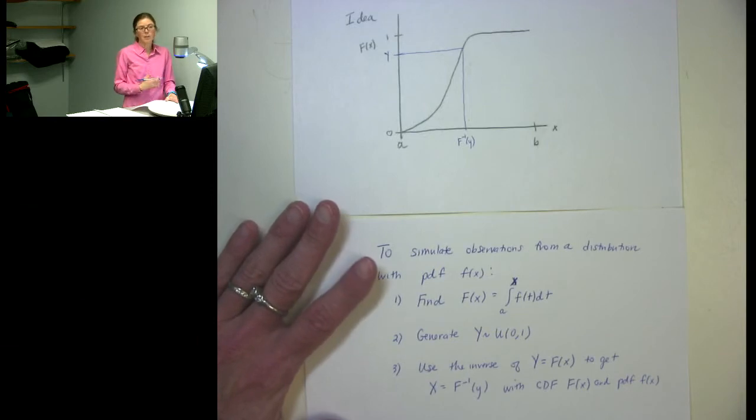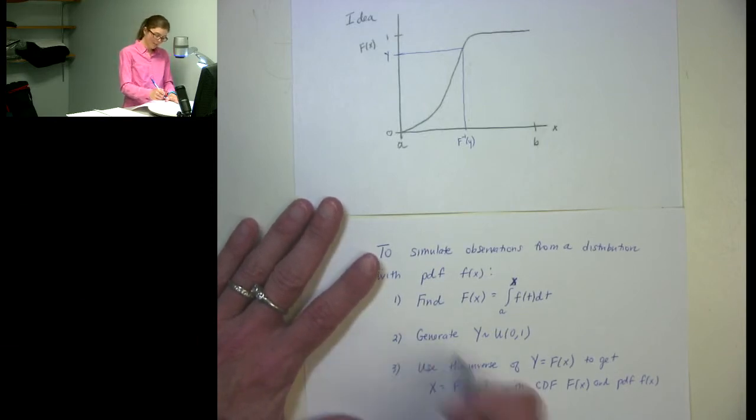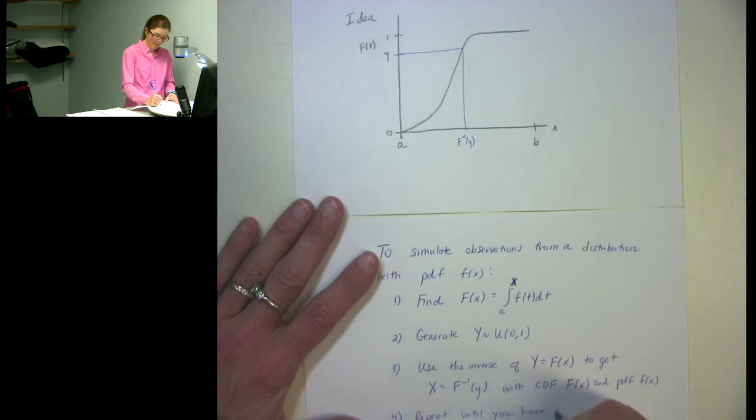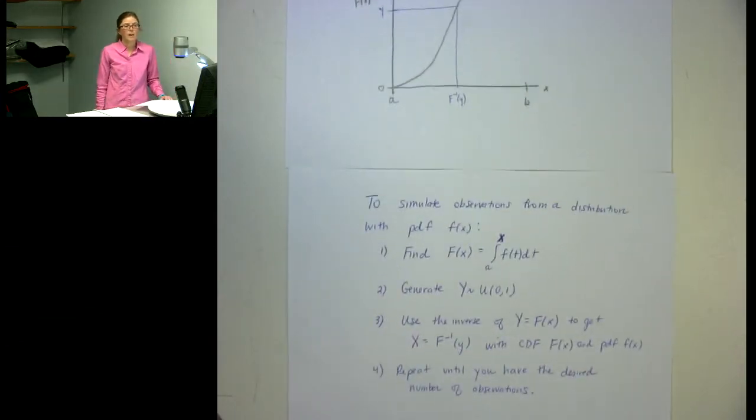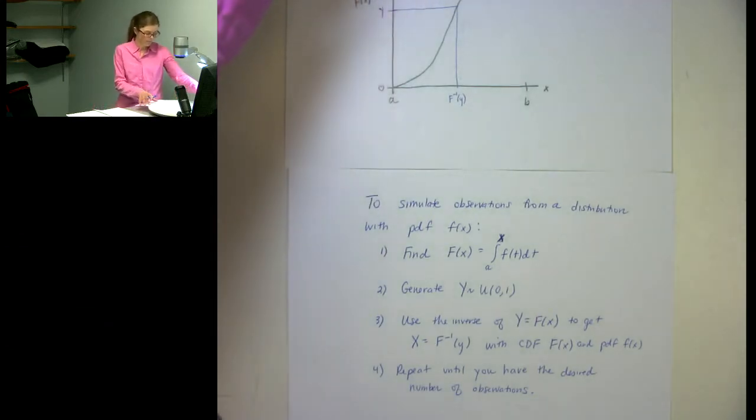And then, depending on how many observations we want to simulate, you repeat this process until you have the desired number of observations. So I'm going to do an example with an exponential distribution, just showing how this would work.